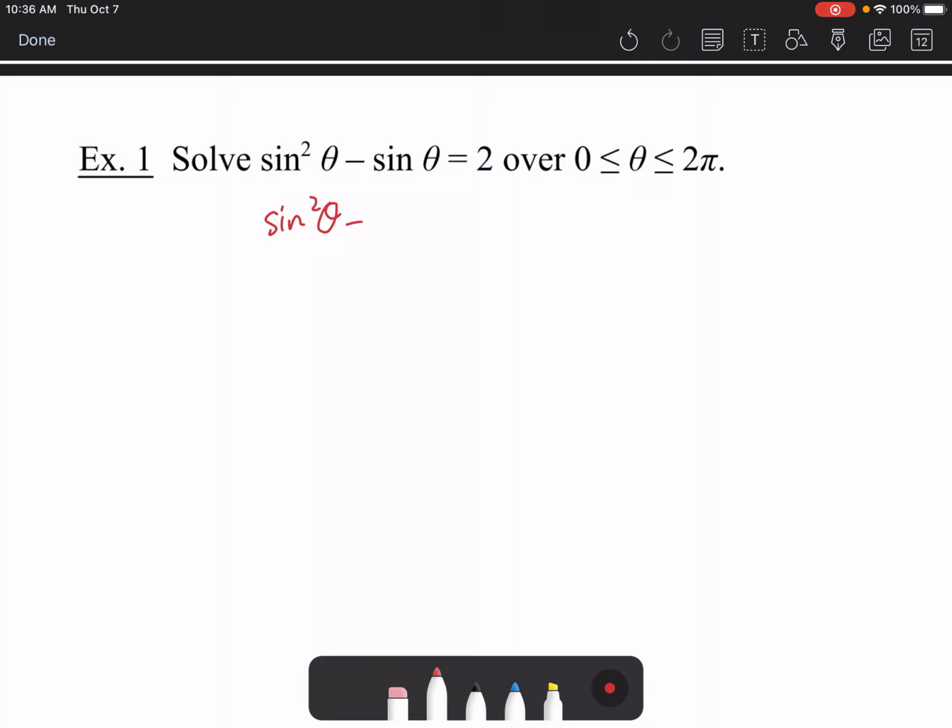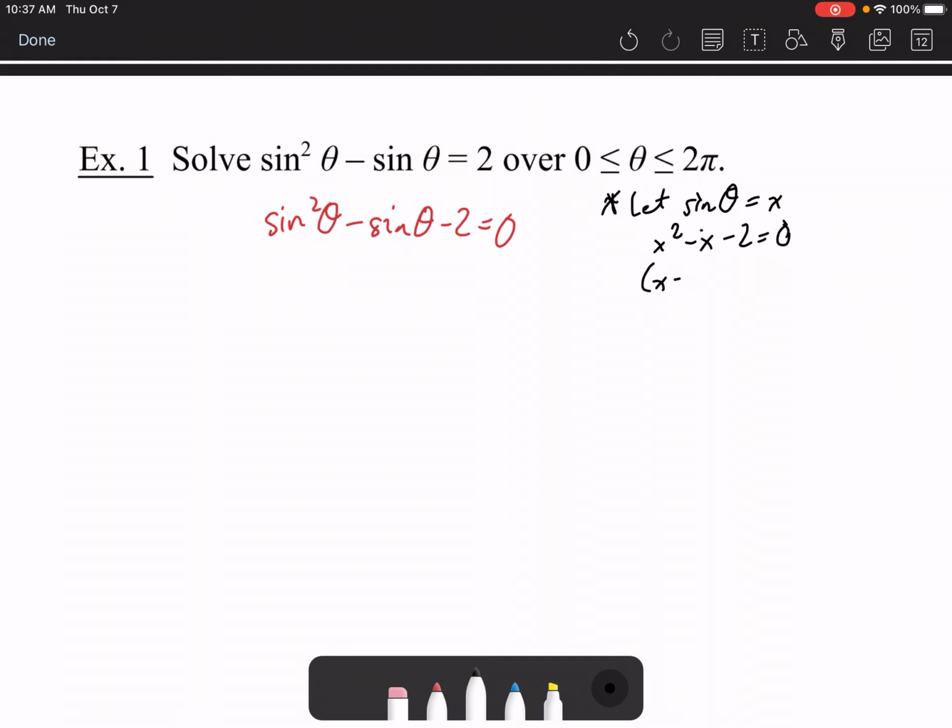It's a lot easier to solve a quadratic if it's equal to 0. Again, if you need to, you let sine theta equal some other variable, we'll call it x. You factor that one if it's easier for you: x minus 2 and x plus 1.